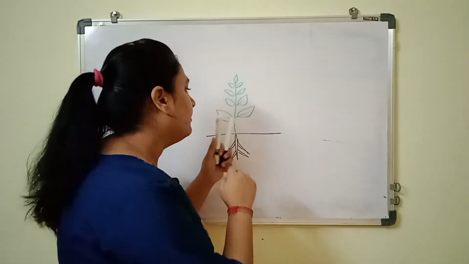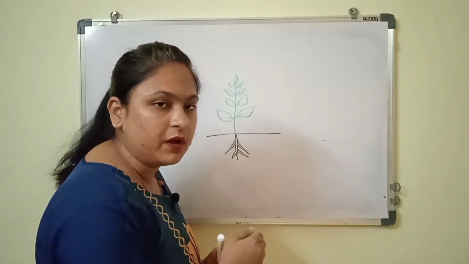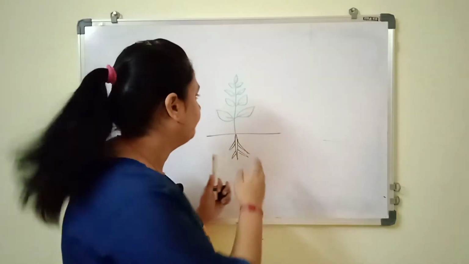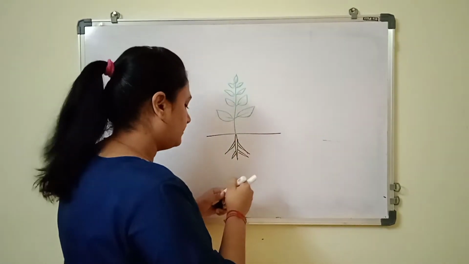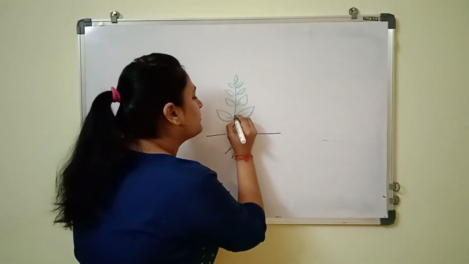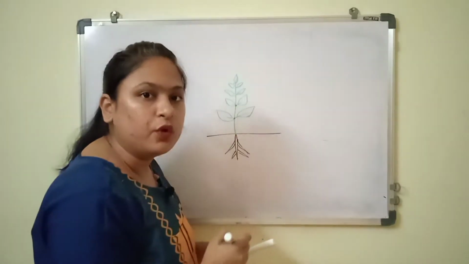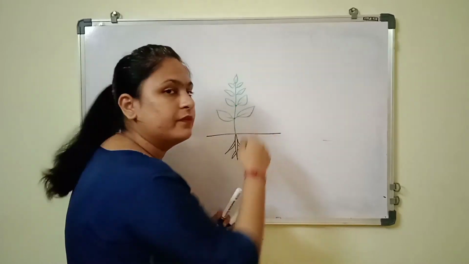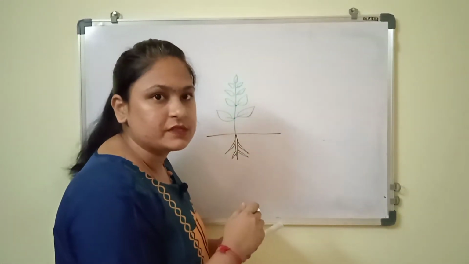The leaf arises laterally from the stem, and it develops from the node. The node gives rise to the leaves, so leaves emerge from the nodes.